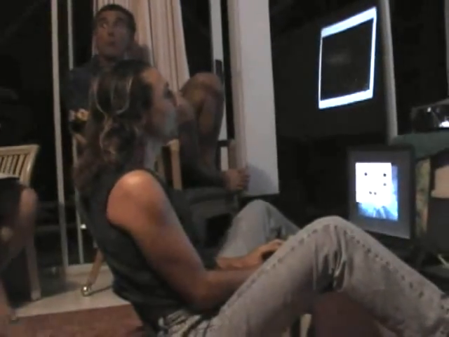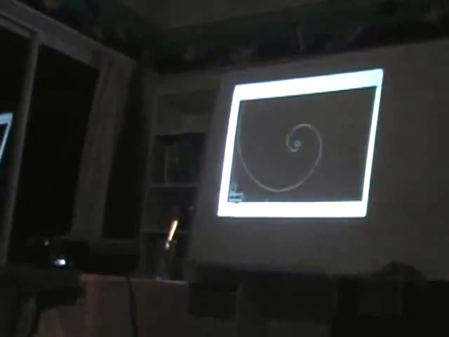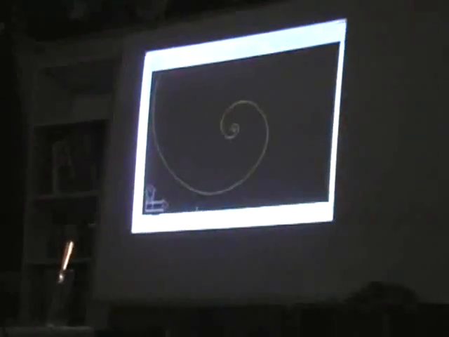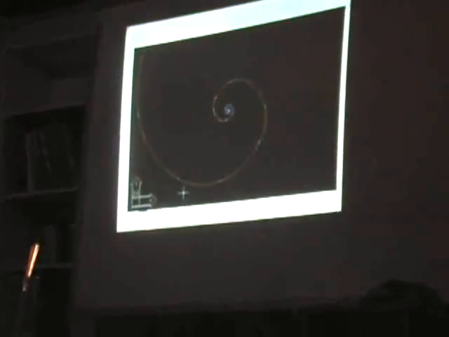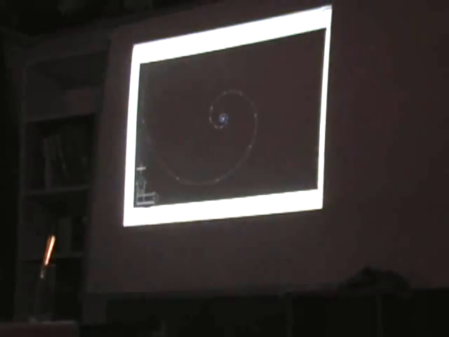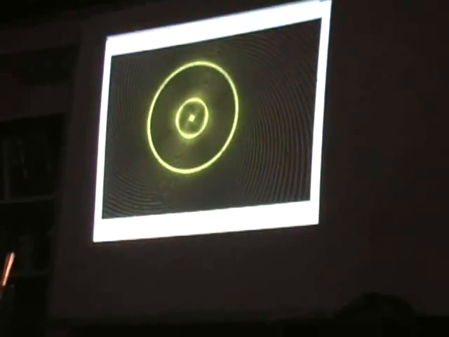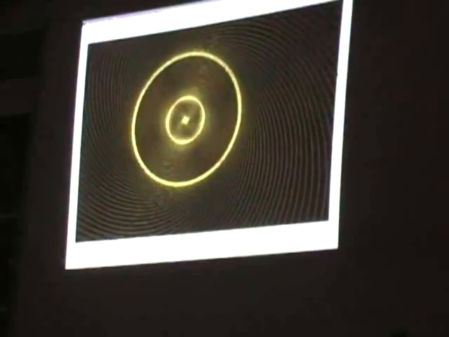So what happens if I multiply this path, let's say by 12 elements? So now we've got 12 particles falling into the black hole, if you actually multiply the spirals, right?